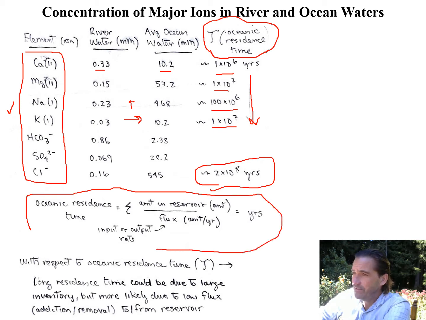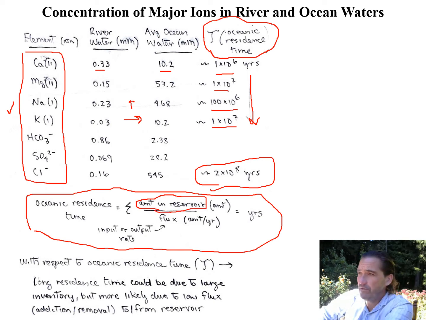That is nothing new to you. You know that all you'd have to do is take the amount of material that is in the reservoir, in the ocean, and divide by the flux, either the in or the out, to get the residence time.